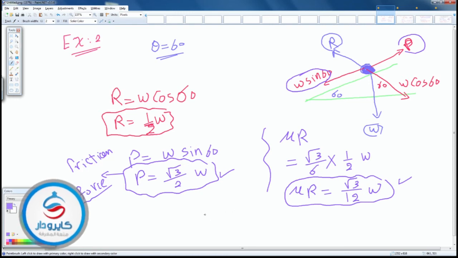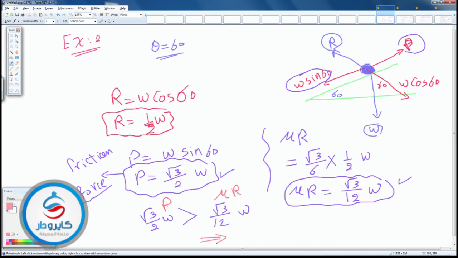As shown, √3/2 W is greater than √3/12 W. That means the friction force is greater than mu R.